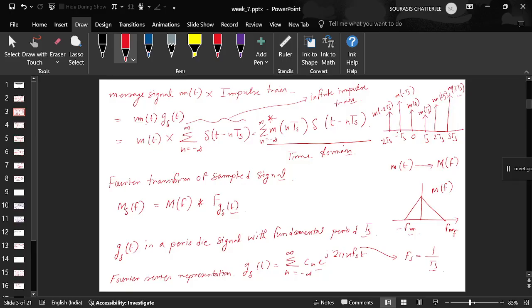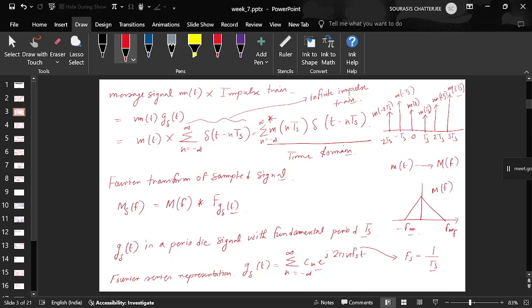You can see the impulses still remain uniformly spaced, but the periodicity is gone. Why? Because now the amplitude is modulated by the corresponding amplitude of the message signal, so the sampled signal is no longer periodic.